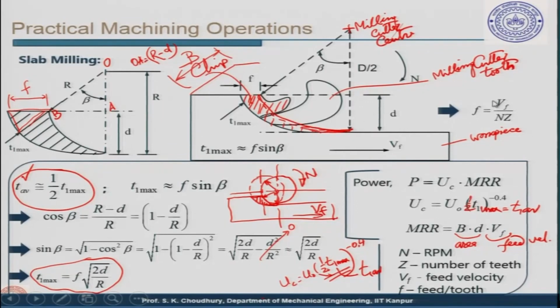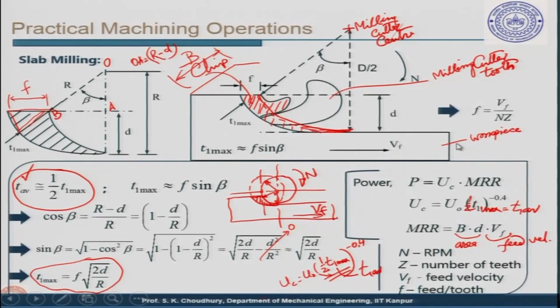Depending on the number of teeth, you will have the feed, and the feed is given as the feed velocity divided by n into z, where n is the milling cutter RPM and z is the number of teeth. So, feed is Vf divided by nz. This is how the milling cutter feed is given. This is the feed per tooth.